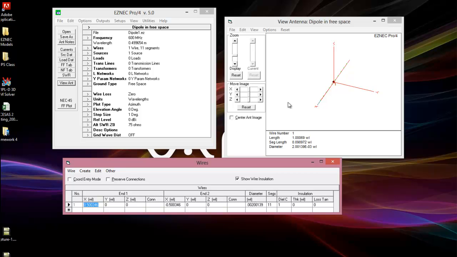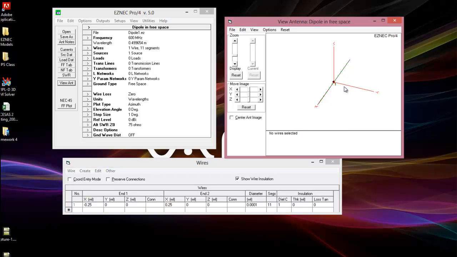So this is equal to minus 0.25, and this is gonna be 0.25. The diameter of the wire at this point is not very important, so we just assume it's gonna be like that, and we have our first wire.